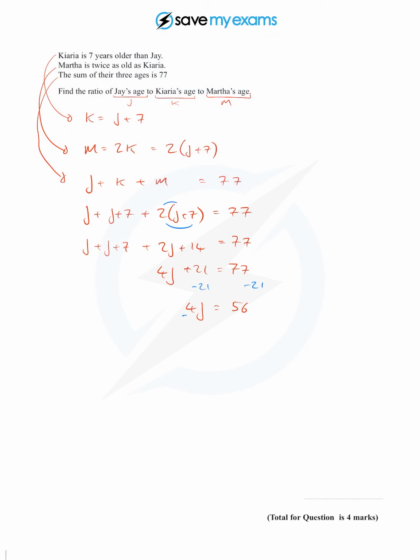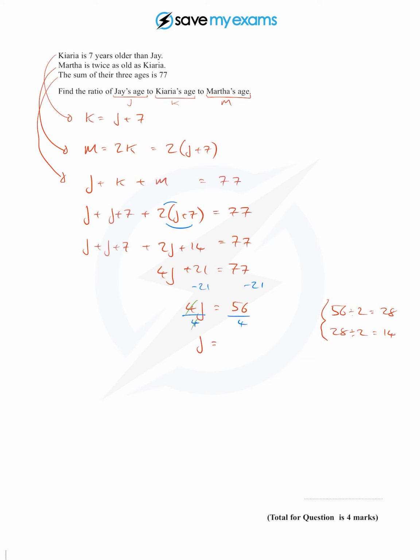And if we divide both sides by 4, well, the 4's on the left cancel. That was rather the point of doing that. And J is equal to 56 divided by 4. 56 divided by 2 is 28, and 28 divided by 2 is 14.